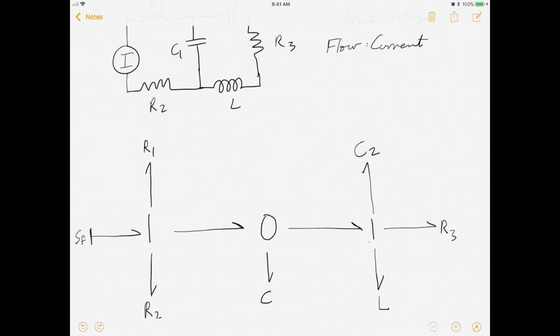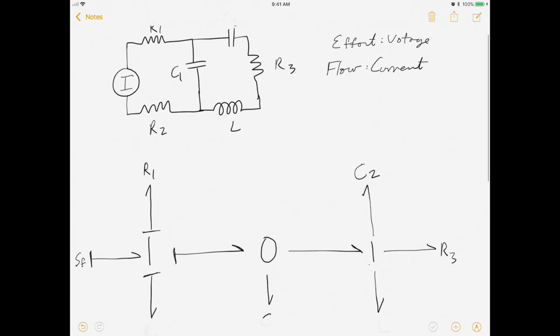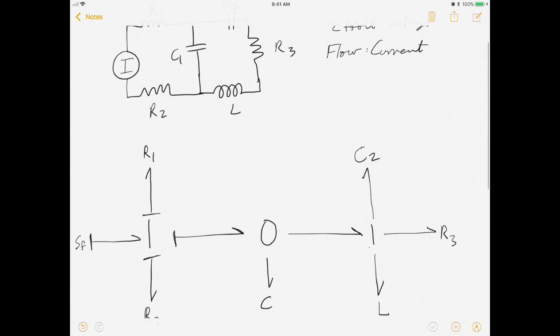Well, that's actually simple. You're just going to put the effort indicators on everything else except that common flow into that junction. And as you guessed, it's the opposite for the zero junction, because it's common effort. So only one component can have that effort marking, and I'm going to put it on this capacitor right here.